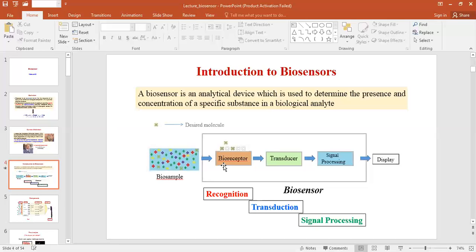The amplifier is just enhancing the signal, and that enhanced, processed signal will be displayed in a display unit. So this is the general form of a typical biosensor.